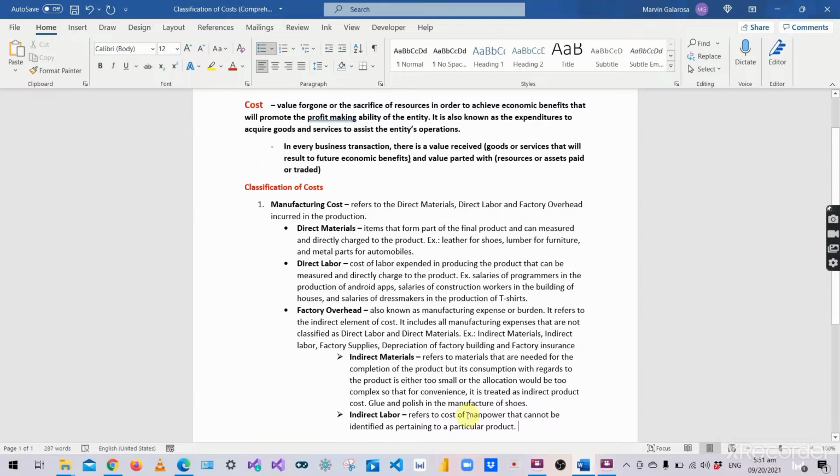Ito yung salaries and wages ng mga workers na nagwo-work siya inside the factory. Pero hindi sila directly involved dun sa paggawa ng product. Examples: salaries and wages of foremen and utility men.